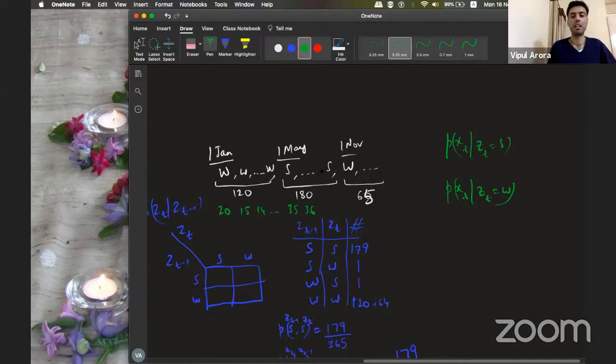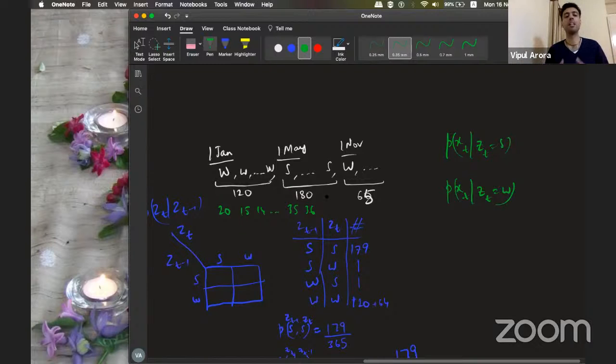So now to compute this summer thing, I will take all the days when it was summer, all these 180 days when it was summers, and I will use this data only to compute this PDF. Very simple, right? There are 180 days. From the temperatures of these 180 days, I want to compute the PDF.